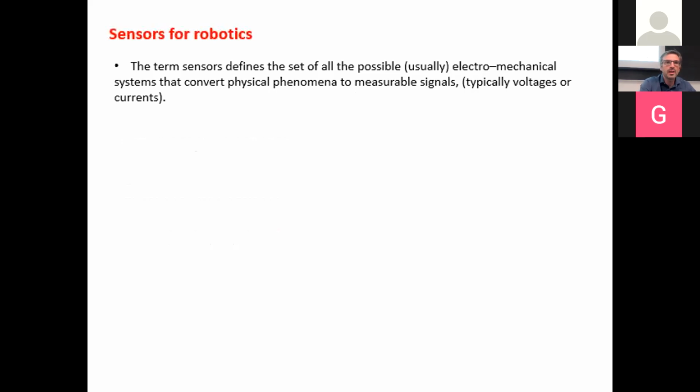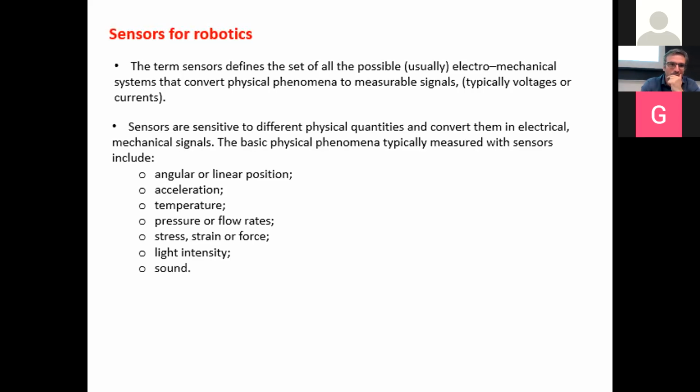The term sensors defines the set of all the possible electromechanical systems that are used to convert physical phenomena to a measurable signal. Typically, all these signals are of two kinds, which means voltage or current.